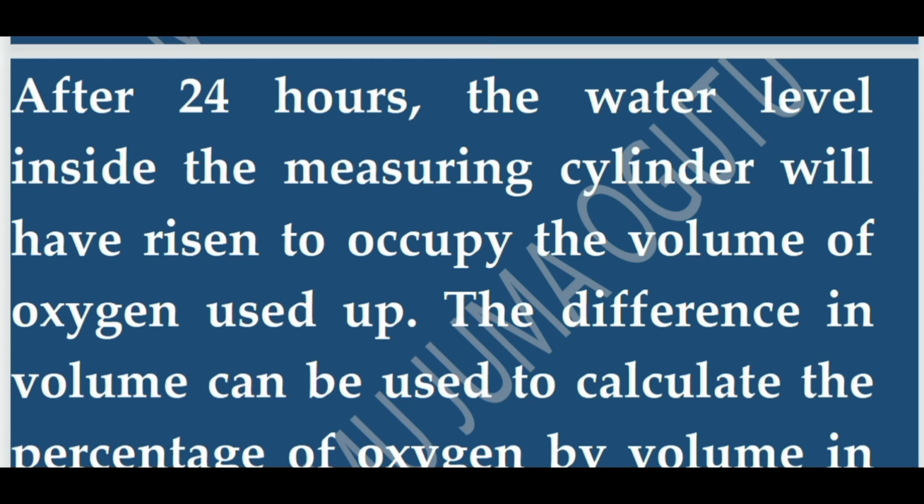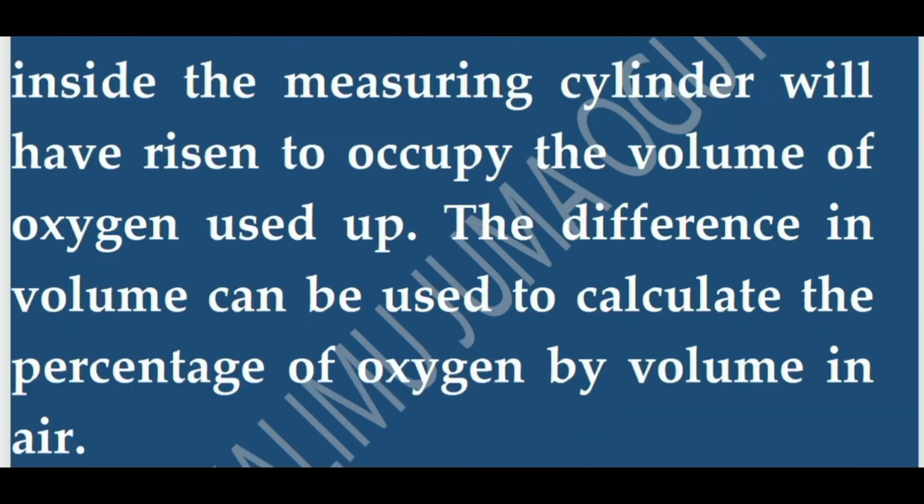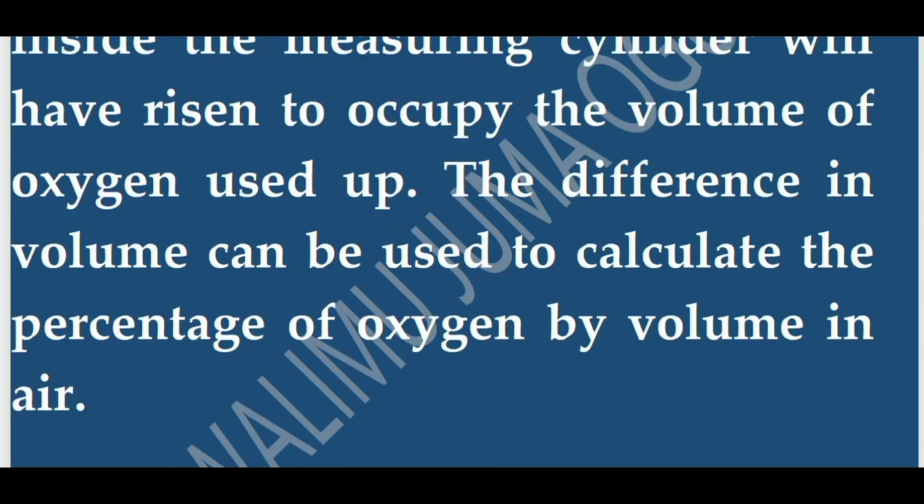Now there is a vacuum inside the measuring cylinder, and the vacuum is occupied by the water, so the water level increases inside the measuring cylinder. The difference in volume can be used to calculate the percentage of oxygen by volume in air.